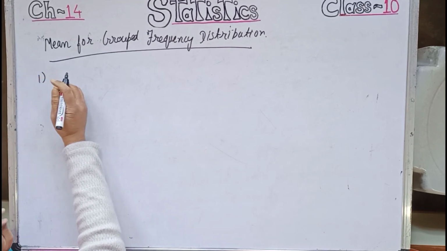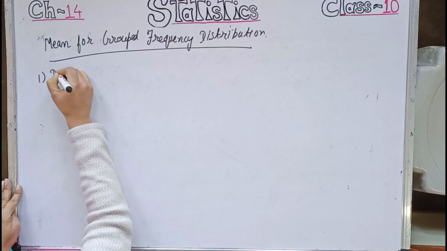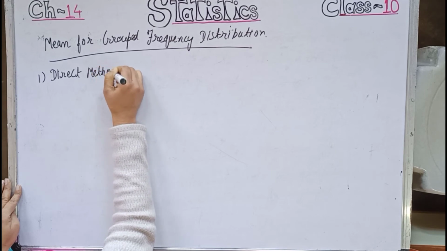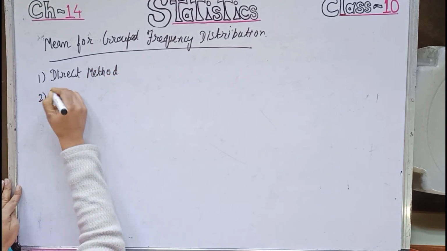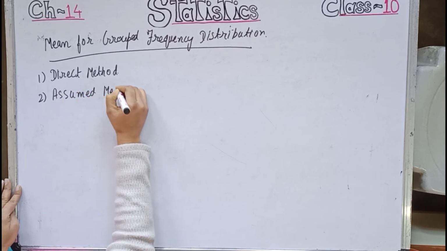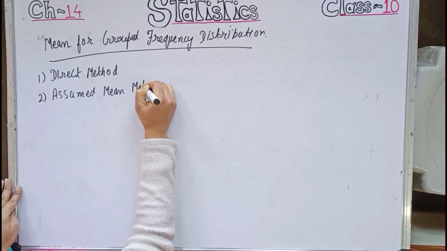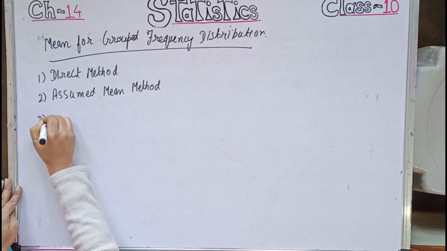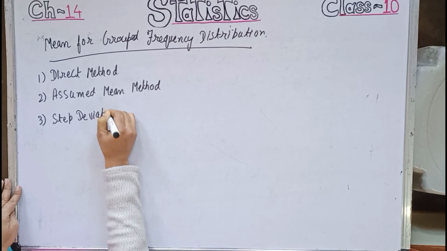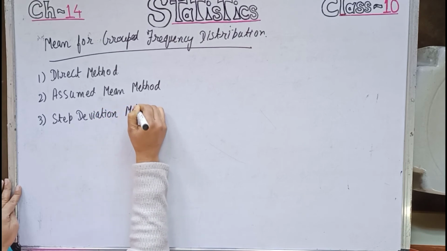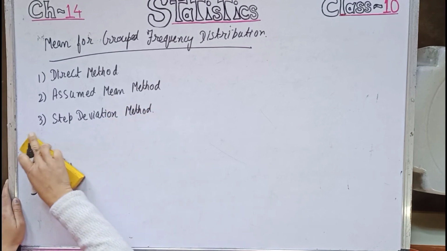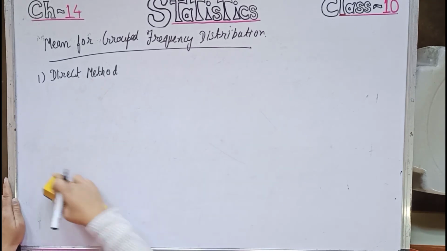Now we will know three methods to find the mean. First one is the direct method. Number two is the assumed mean method. And the third one is the step deviation method. Now let us know about all these three methods in detail. So first one is the direct method.